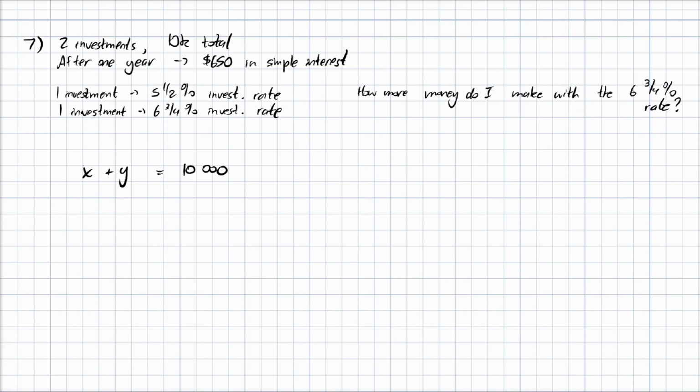It's over 1 year anyways, so I only apply the investment rate once. So 5.5% is 0.055, actually, I prefer decimals. 0.055x plus 0.0675y equals 650.